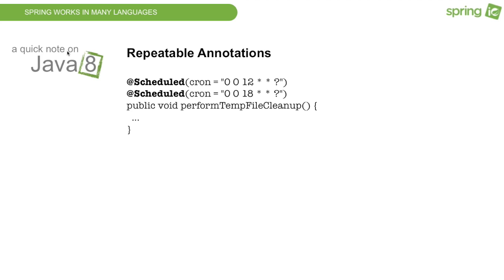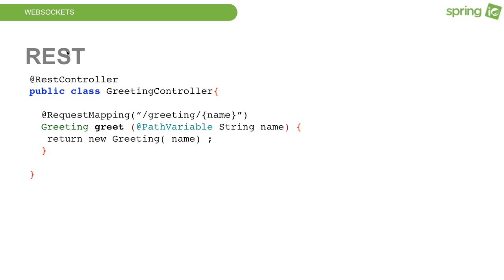Of course, any discussion of Spring 4 would be incomplete without talking about the continually improved REST support. One nicety, this is not a huge feature, but it's a very convenient little thing, is this @RestController annotation, which is syntax sugar for @Controller, and then that lets you drop off the response body for each method.